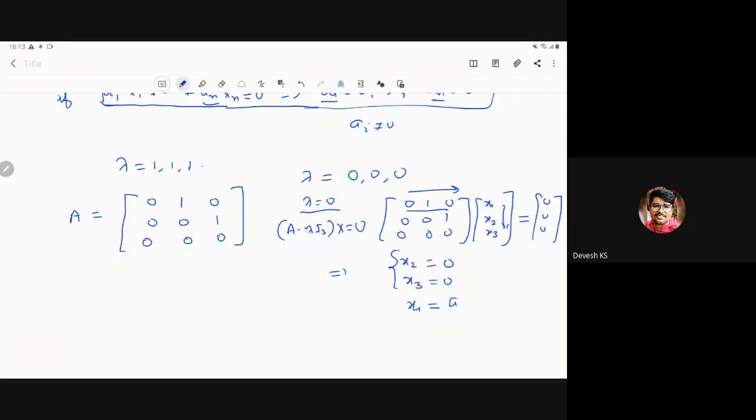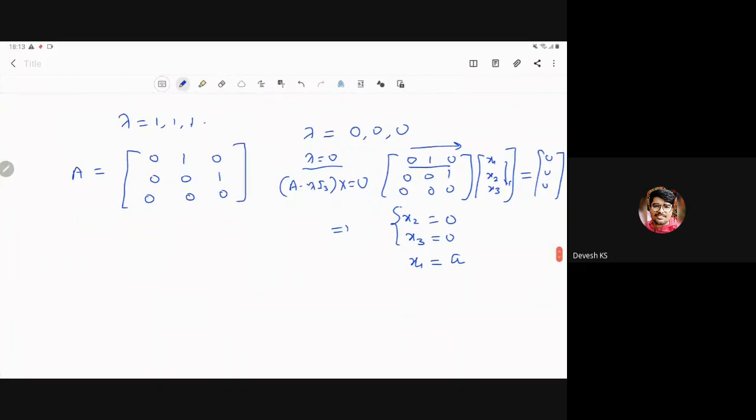Let us assume it is a. So what is the eigenvector in this case? x2 and x3 are fixed to 0, and x1 is a. So any non-zero multiple of 1, 0, 0 is an eigenvector of this. Correct?